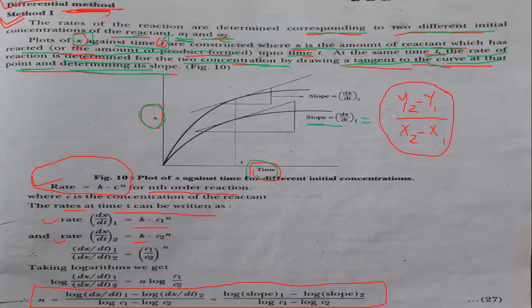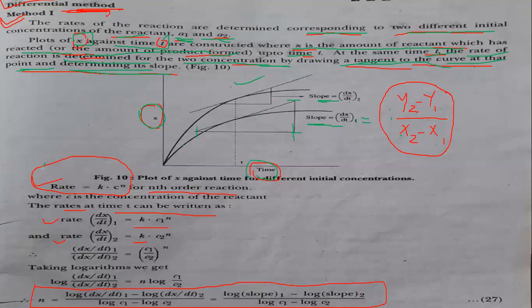In practice you find the slope like this: y2 means the higher reading on the y-axis minus the lower reading on the y-axis, upon the higher reading on the x-axis minus the lower reading on the x-axis. In this way you can find out the slope. Similarly, you can find the slope over here, so dx upon dt 2.